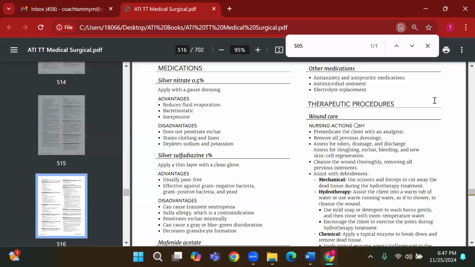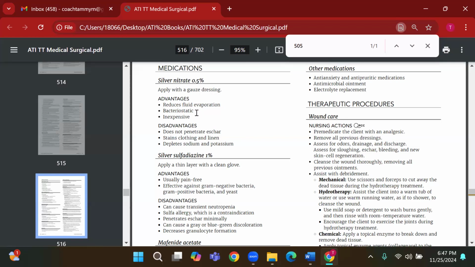But I do want you to know that there's medicines that they do apply to burns, and it's not silver like silver jewelry, but this is called silver nitrate or silver sulfasalazine, right? These are burn treatments or medications that we can put on a burn. Now, if you look at silver nitrate, it says apply with gauze dressing, but look, it helps keep fluid from evaporating.